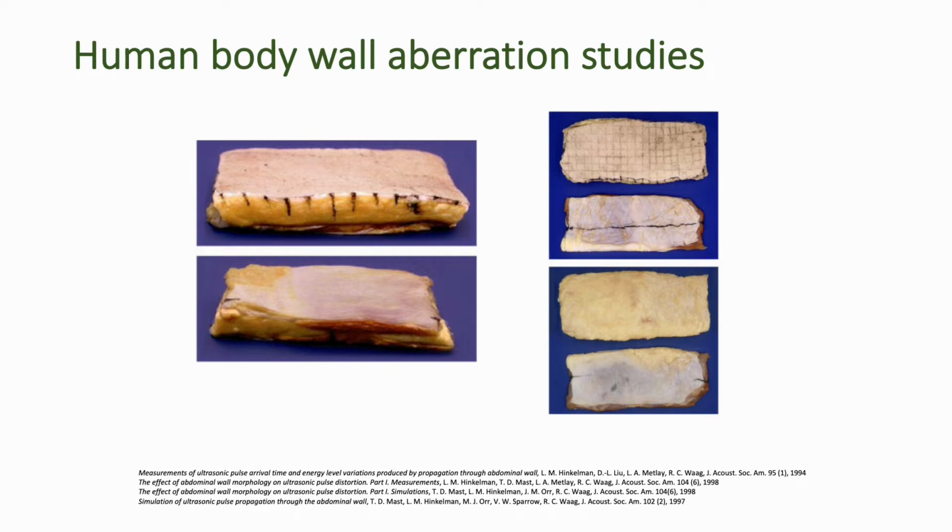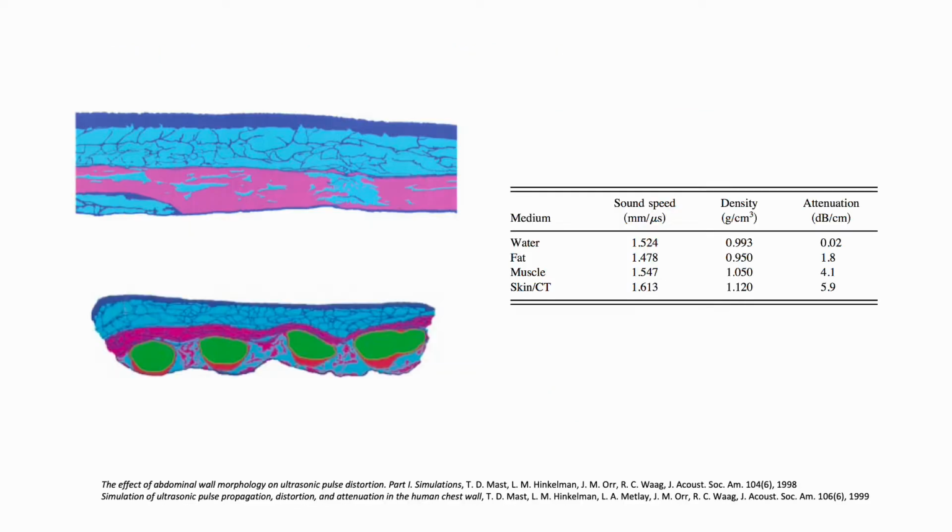Important work from the University of Rochester has characterized and demonstrated this in various body wall types using resected tissue from humans. The various tissue types of the body wall have some of the largest speed of sound differences observed in the human body. These figures show histology stained cross sections of both abdominal and chest wall, and the table shows the property differences of these tissues.